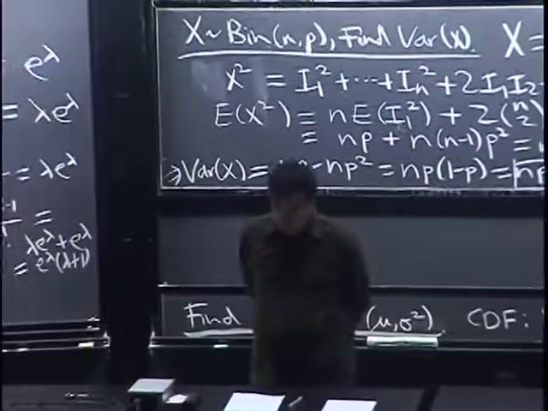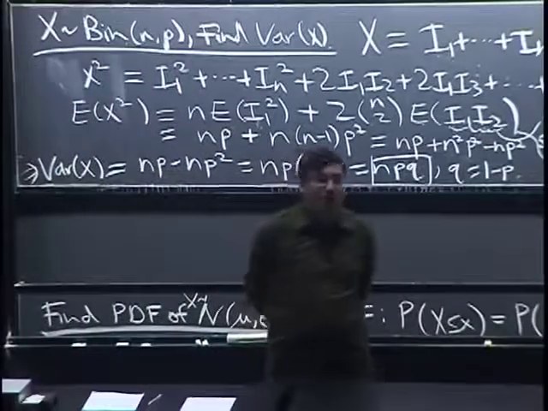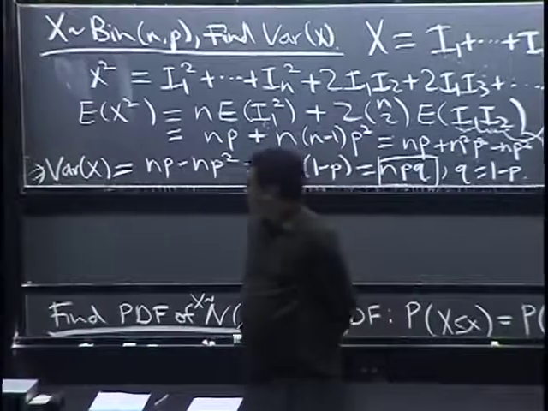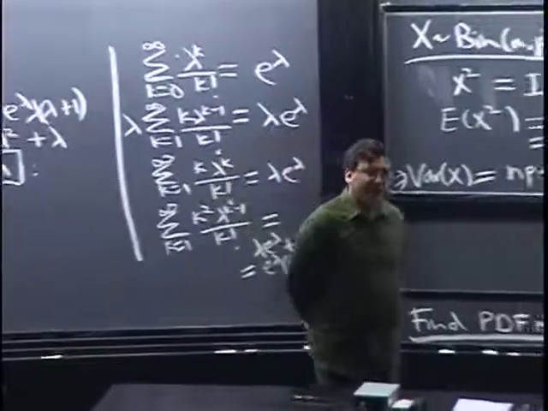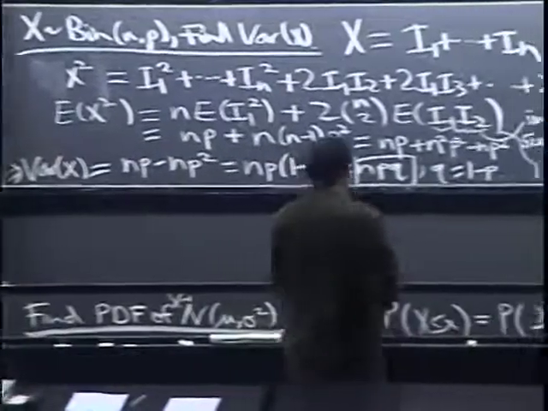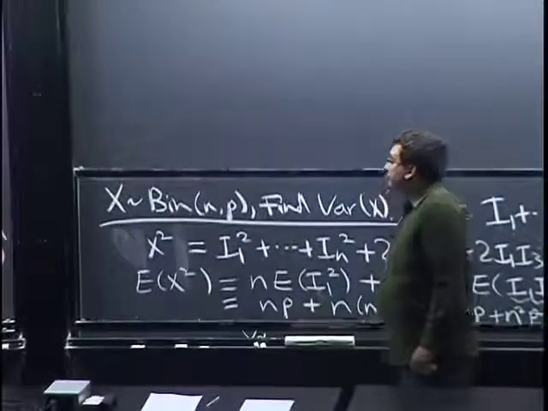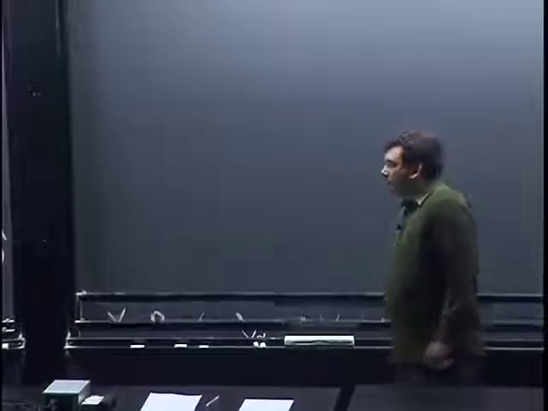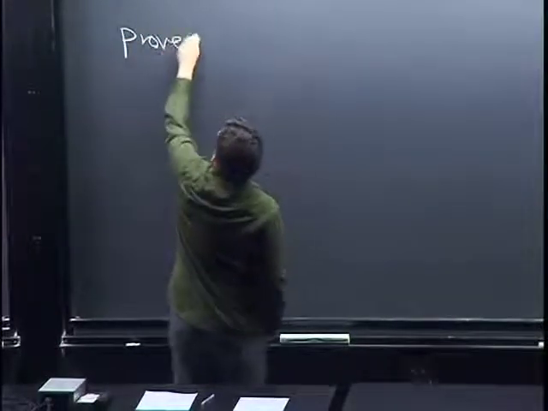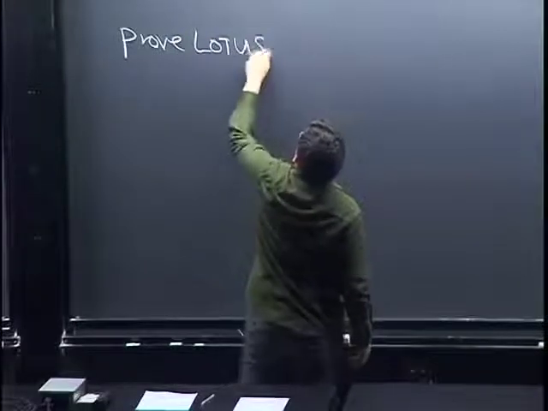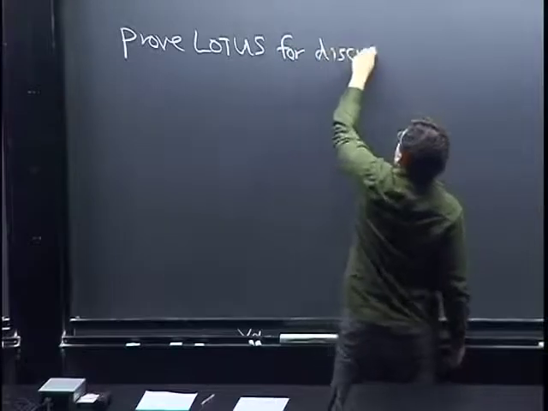And I guess the last thing to do is just to explain more about why LOTUS is true. And the basic proof of that is actually kind of conceptually similar to how we proved linearity. So we're trying to prove LOTUS, and I'm only going to prove it for a discrete sample space.